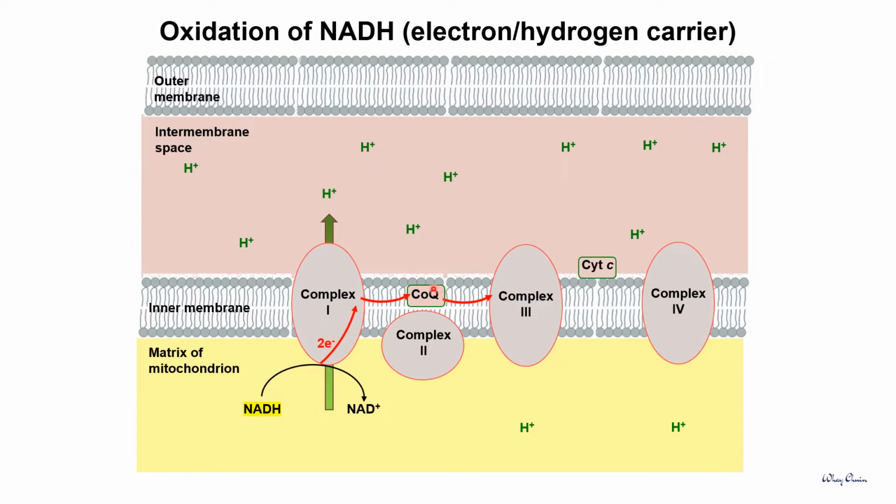And now the coenzyme Q becomes oxidized and complex 3 becomes reduced, which means they become unstable because they accept the high energy electrons.